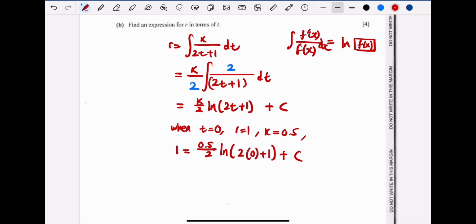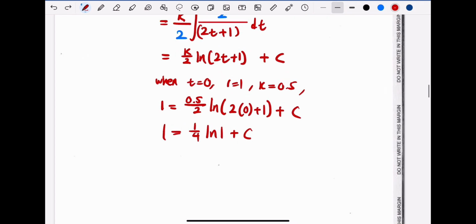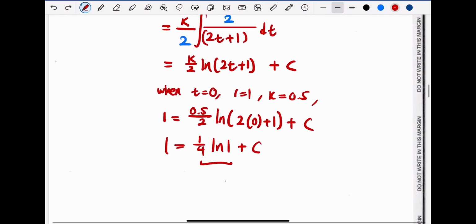Okay, and here you can easily see that this just basically becomes ln 1. So this simplifies to give you 1/4, and ln 1, if you press your calculator, or if you already remembered it, is just 0. So this term becomes 0, so my c is just equal to 1.